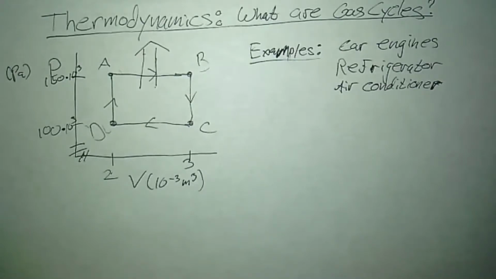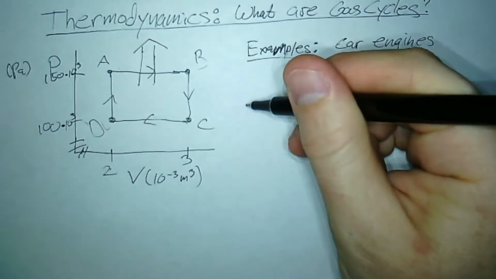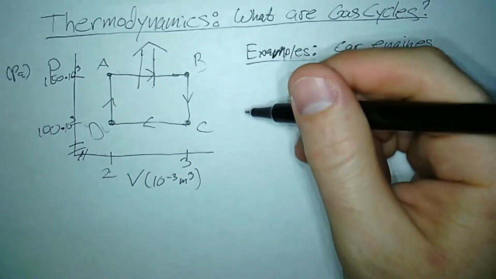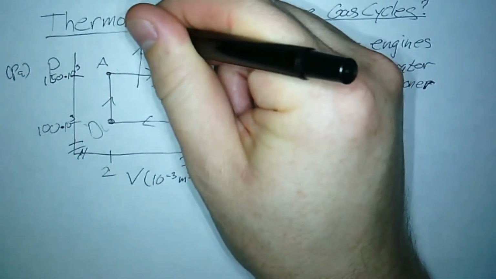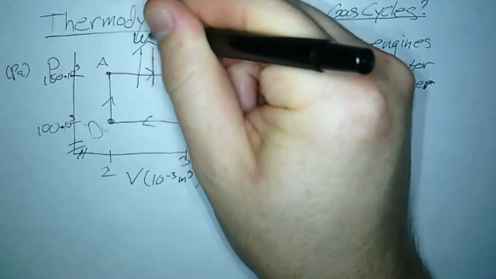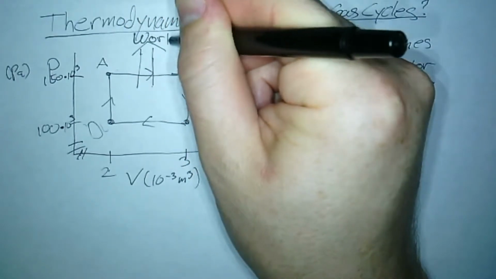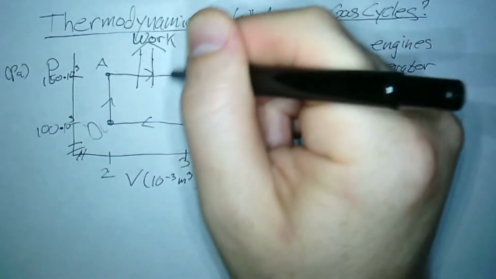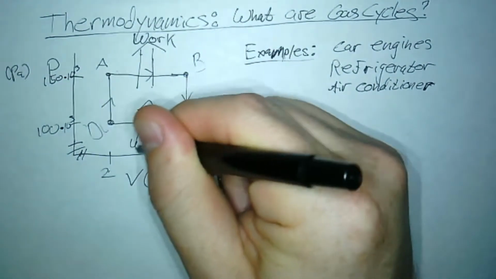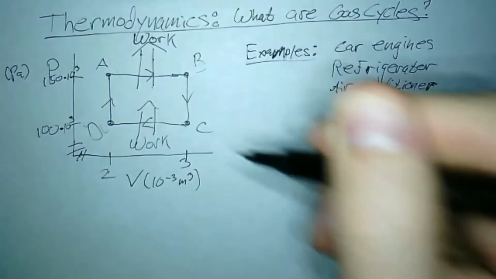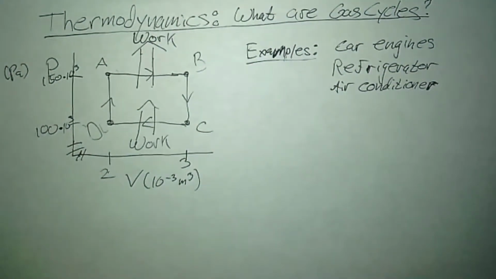We can just use the ideal gas law for that. I meant to draw work was leaving here. Work's leaving the gas. Work is entering the gas, and no work is entering or leaving on the sides.